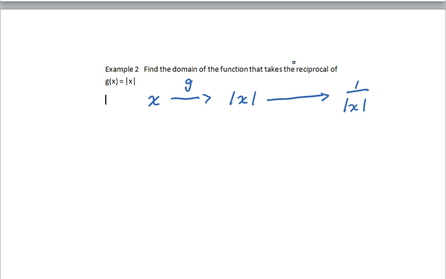Now, because the domain of the absolute value is all real numbers, we start out by x being any real number. But now we know that the absolute value of x cannot equal 0 since the reciprocal function is restricted.